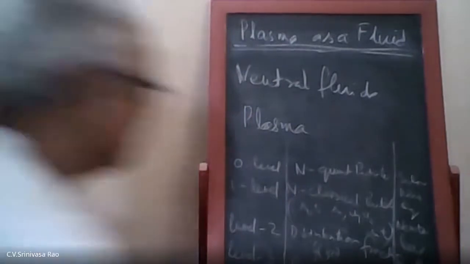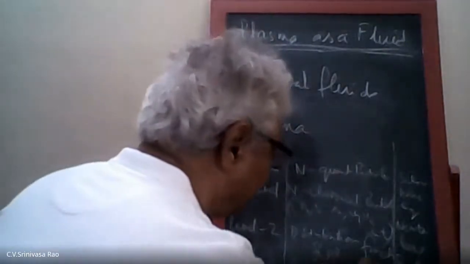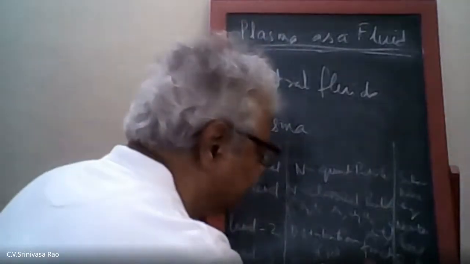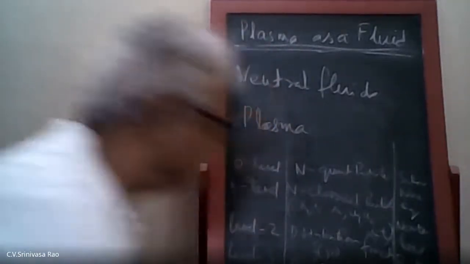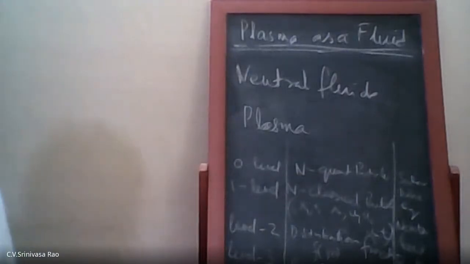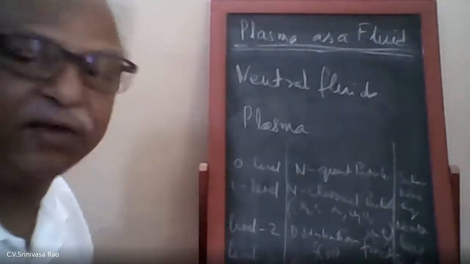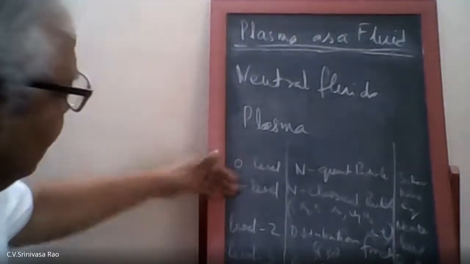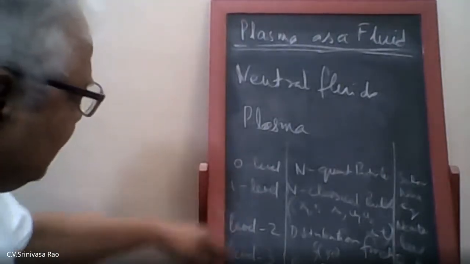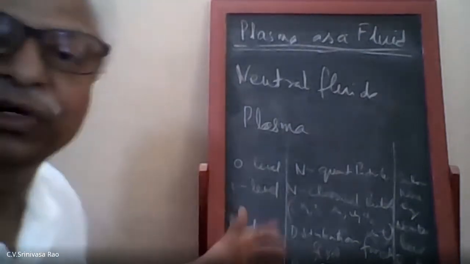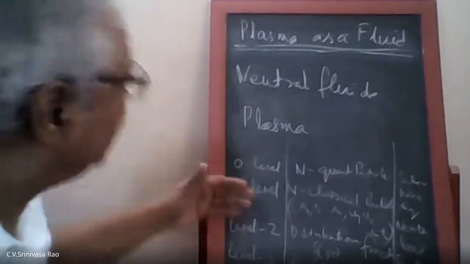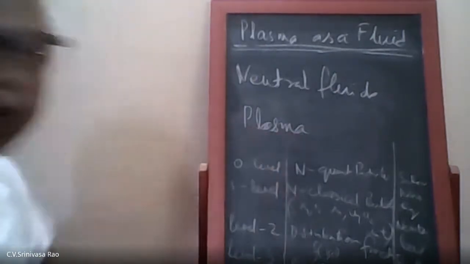It's density, temperature, velocity, which are all functions of x. Now this is called the hydrodynamic equation. So like that, now you have got 0 level, level 1, level 2, level 3 for the neutral fluid. Similarly, let us write down for plasmas.